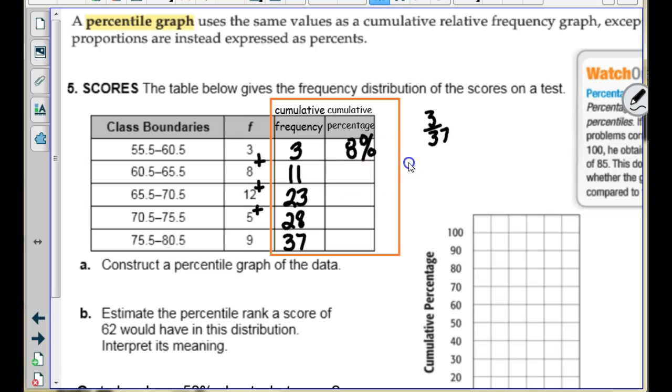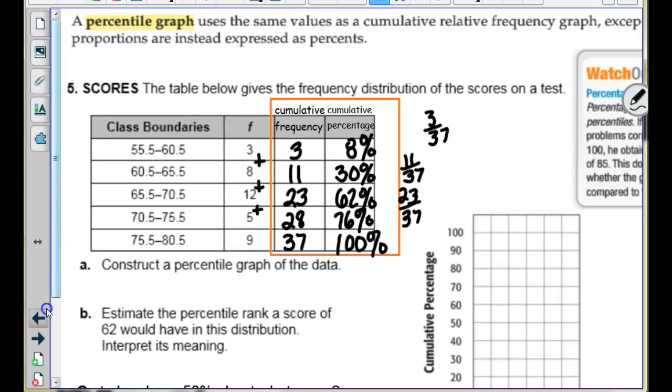Now we're going to use the 11 out of 37 because we're including the 3, but we're up to what cumulative percentile now? Okay. Now use 23 out of 37. And then 28. Thank you. And 37 would be 100, right?